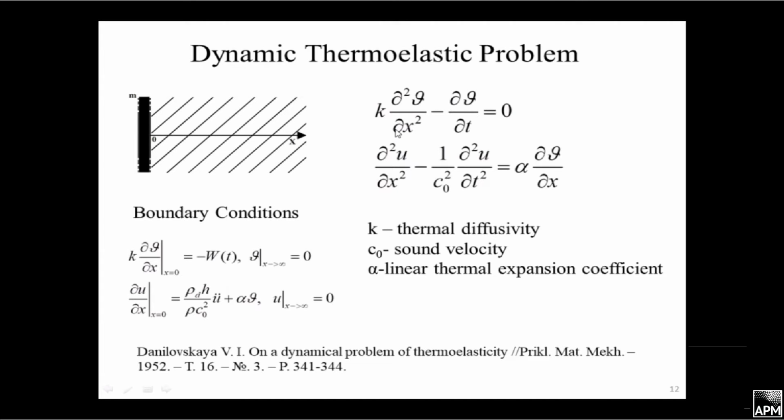Here are the equations: the equation for temperature, the balance, the momentum balance, and the only difference from Danilovskaya is the boundary condition, where we take into consideration the mass on the boundary. It's an inclusion, I should say.